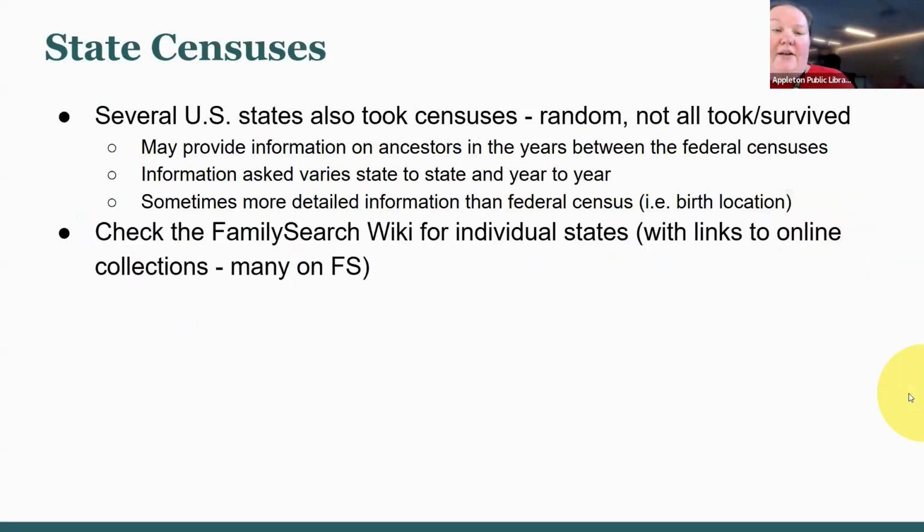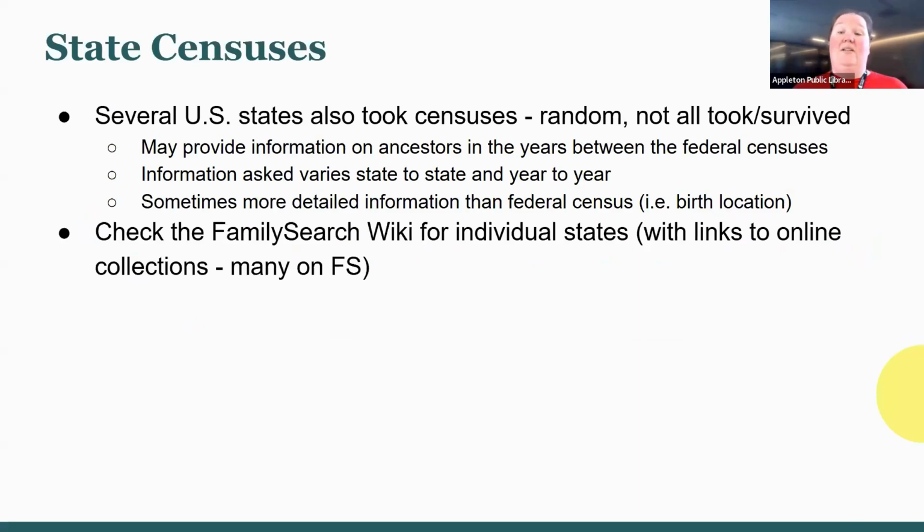All right, state censuses. I forgot we're going to talk about that quickly. So again, some states also took a census, very random. Not all of them took a census, not all of them survived, but they may provide information on your ancestors in the years between those federal censuses. It's going to vary state to state, year to year.